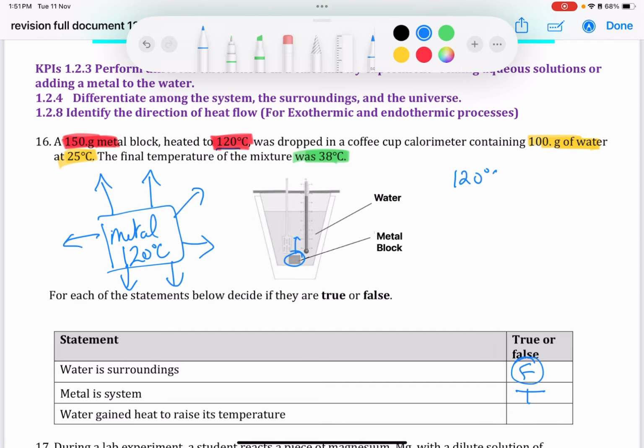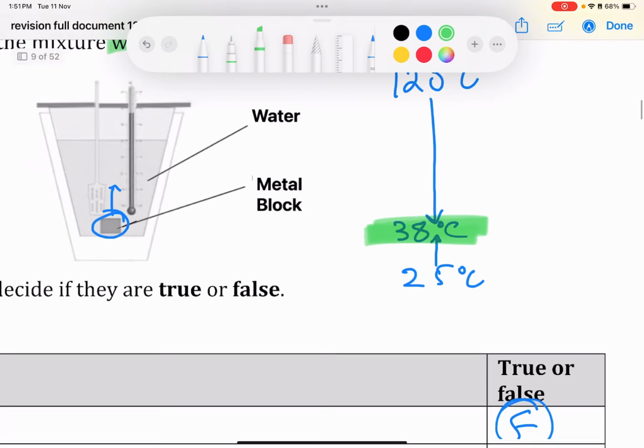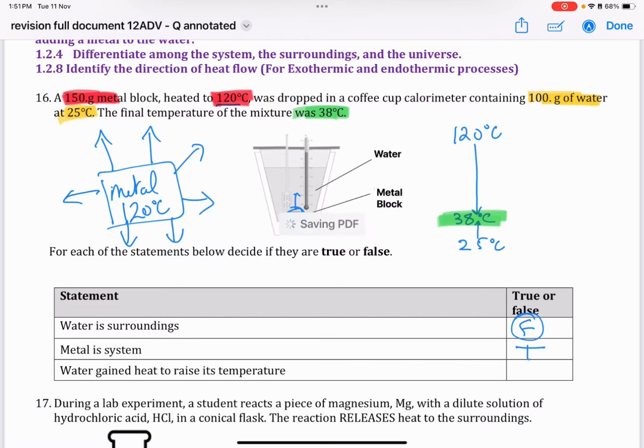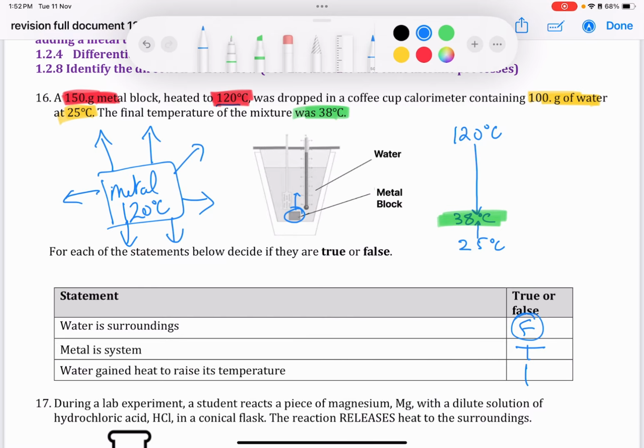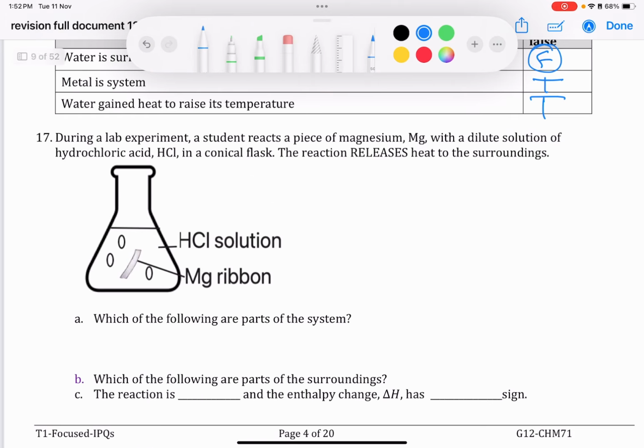I had a metal at 120 Celsius and water at 25 degrees Celsius. This dropped and this increased until both are now 38 degrees Celsius. So water gained heat and water temperature increased. That is correct. Moving on.